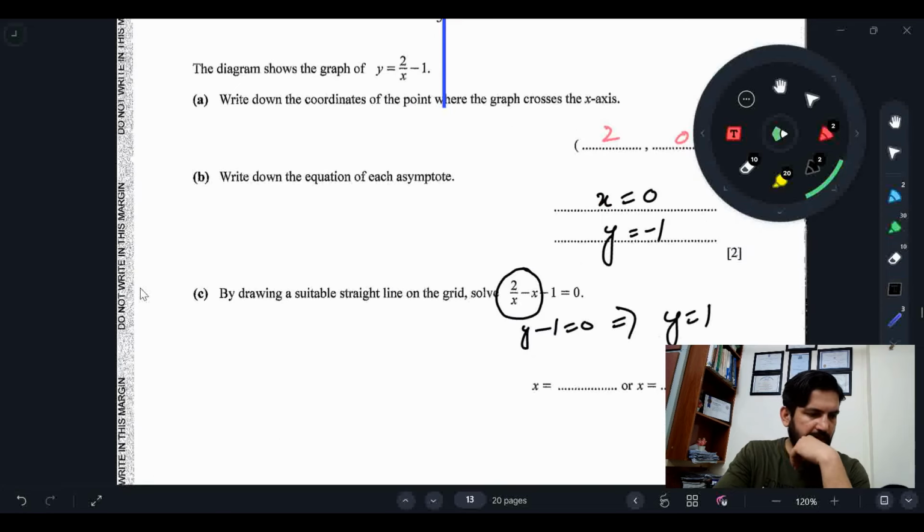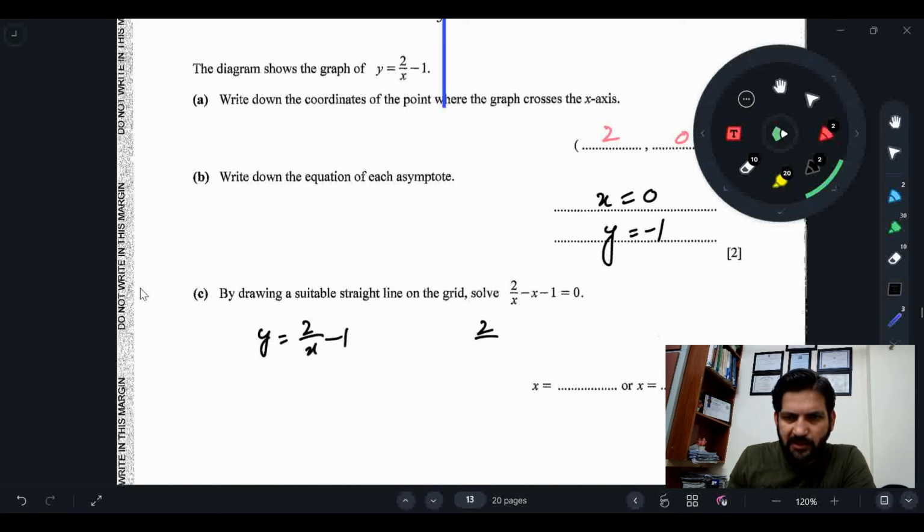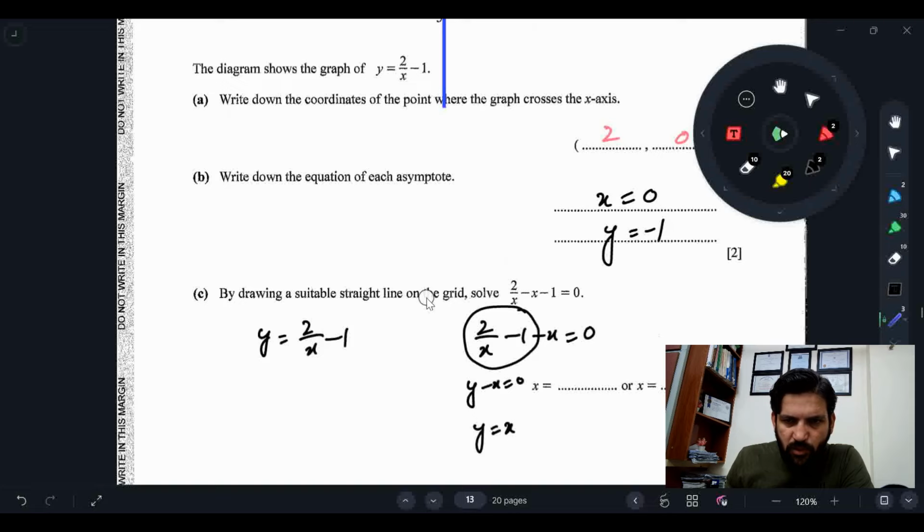There is a slight change over here. We can see that y is equal to 2 by x minus 1. Fine. So 2 by x minus 1 minus x is equal to 0. So this portion is equal to y.